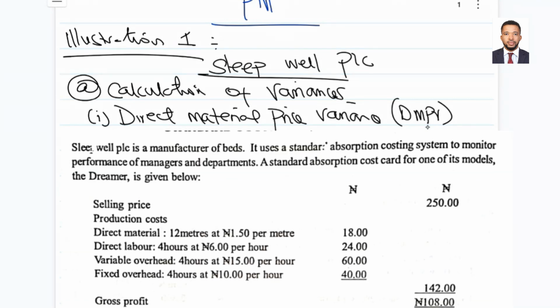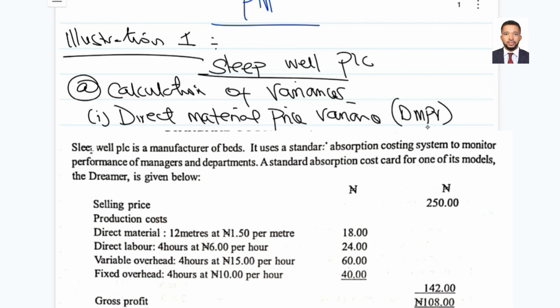If you look at the standard, direct material 12 meters at 1.5 and then 18. The 12 meters is the standard quantity. 1.5 is the standard price. 18 is the standard cost.